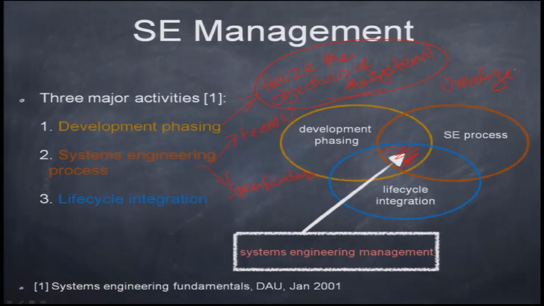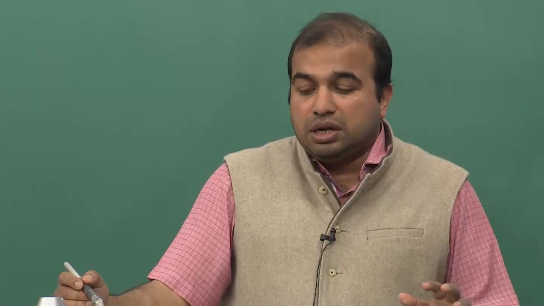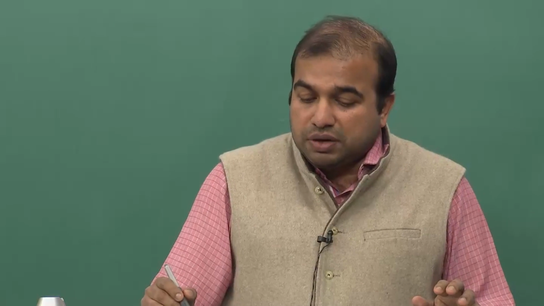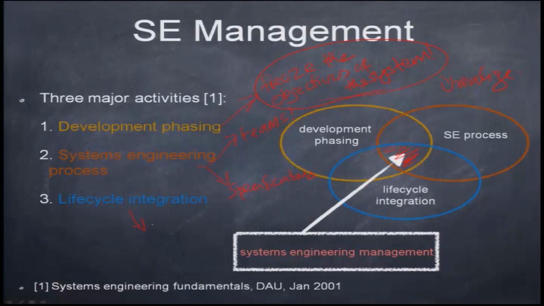Okay. Once this is done, once the specifications and the teams are frozen out, then comes the life cycle integration, because one of the things is at the end of the day, whatever product or whatever system you design, if the customer does not like it, it is not going to fly. So, this is where the life cycle integration is where the customer is integrated into the system.